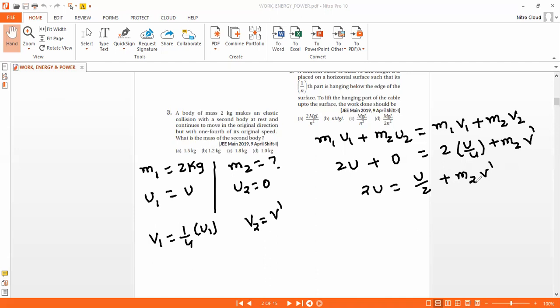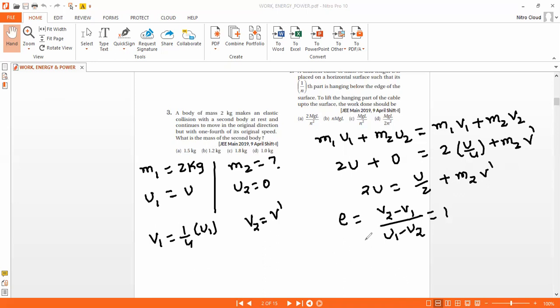Here I am having two unknowns. In order to find M2, I need to find V dash. Since it is an elastic collision, I can consider the coefficient of restitution, that is V2 minus V1 by U1 minus U2. For elastic collision, the coefficient of restitution is 1.